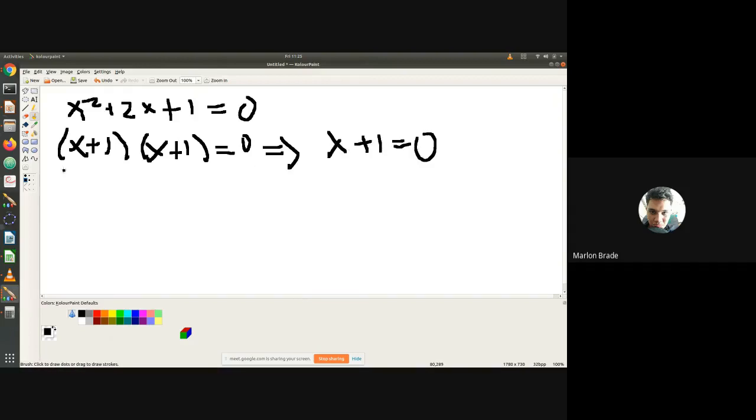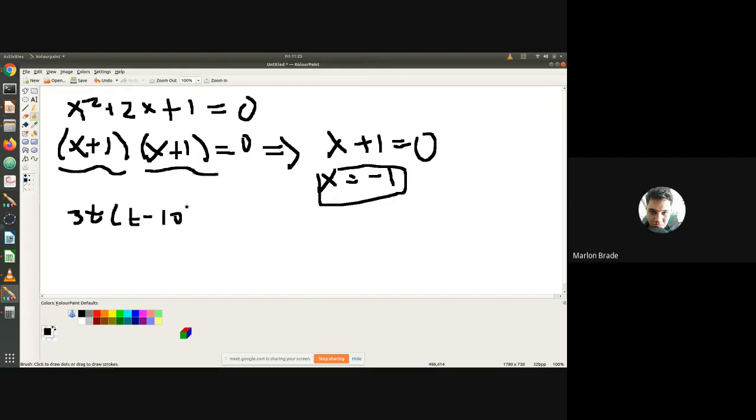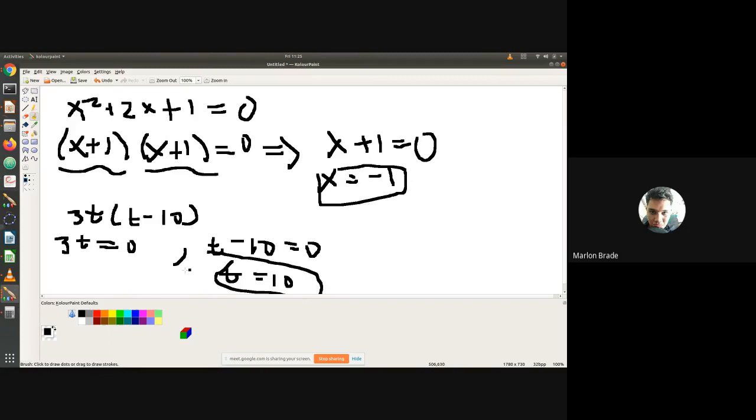So, implies x plus 1 equals 0, so x equals minus 1. So dito sa case natin 3t times t minus 10, ang pasabot 3t equals 0 ug t minus 10 equals 0. So t equals 10. Okay? Nakuha mo? Oh, okay na, sir.